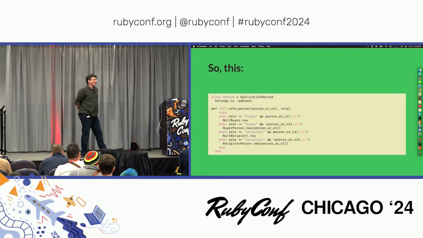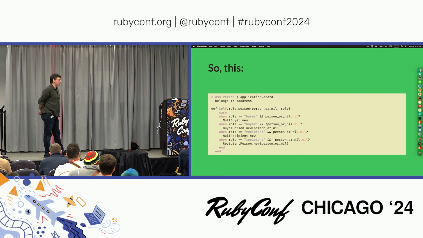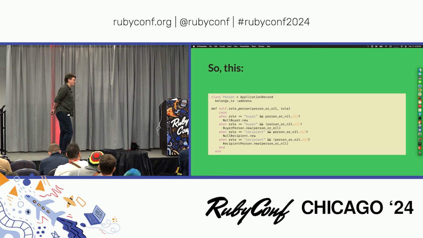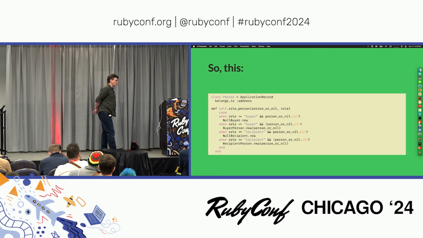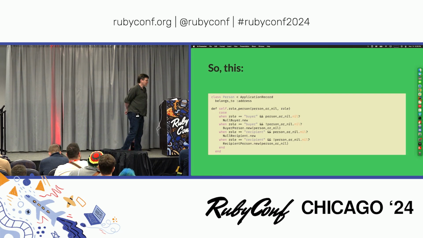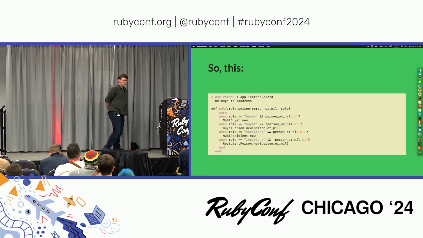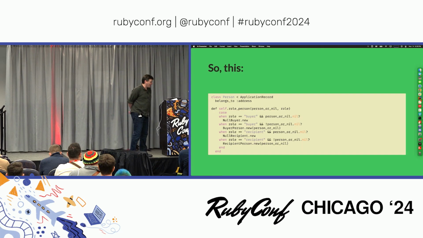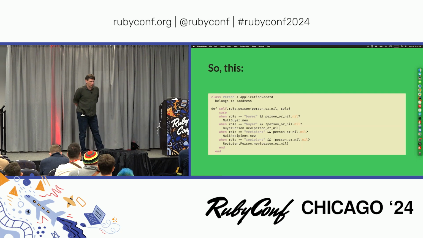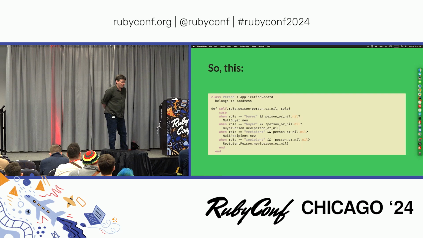Yeah, it's determining what class to instantiate based on the input. So this is returning a new class based on the input. The input here is whether it's a person or a nil, or whether it's a buyer or a recipient. And it's creating one of four classes. It's creating a null buyer, a buyer person, a null recipient, or a recipient person. Does that make sense? People looking at this nervously.